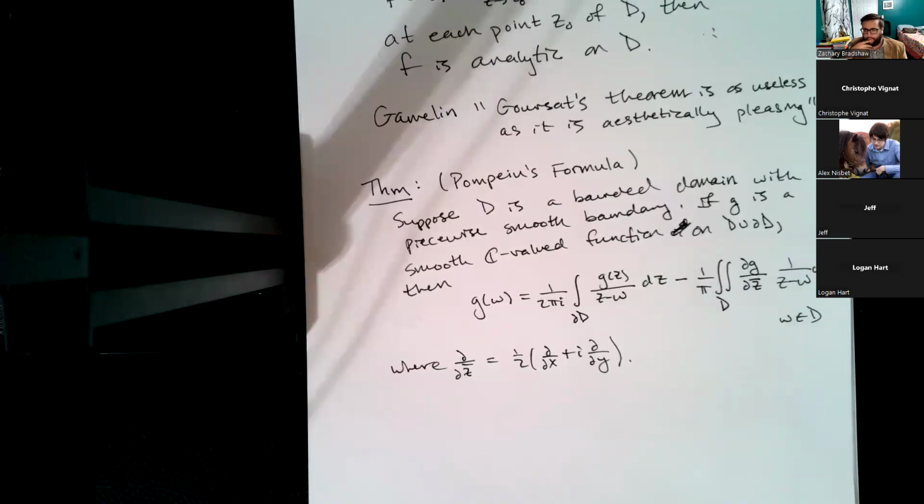Because you have a representation of your function, and in the integral, the dependence is just on this 1 over z minus w, and that function is C infinity. So you can differentiate the right-hand side infinitely often, and so the left-hand side is C infinity. Right. So analytic implies smoothness is clear to me, but smoothness implying analytic is unclear.